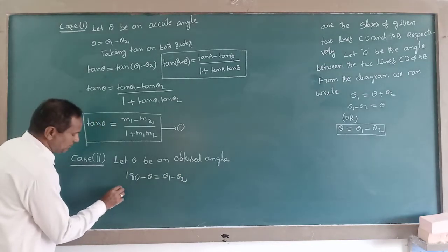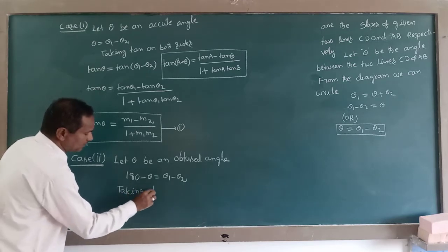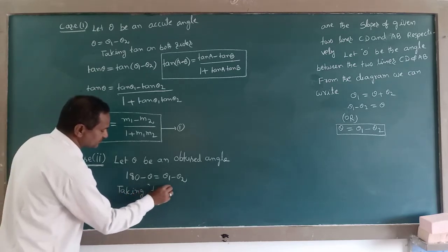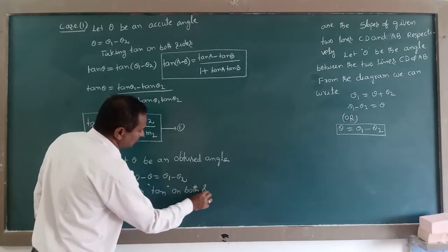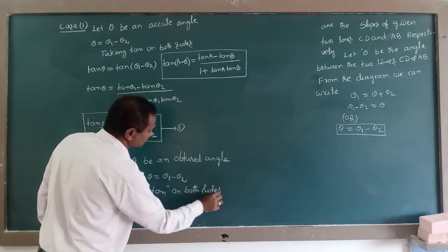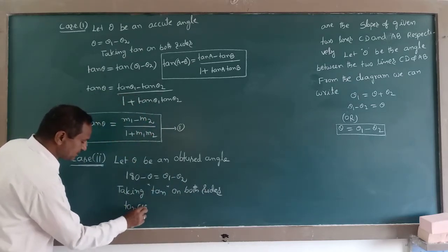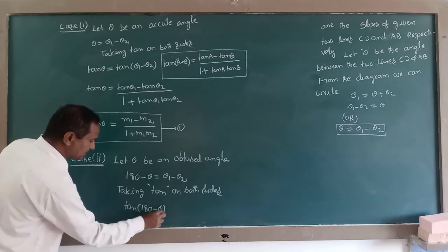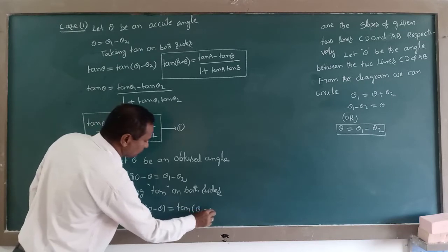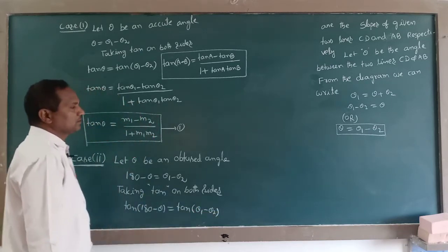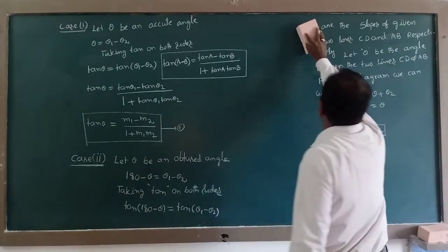Now taking tan on both sides. That is, tan of 180 minus theta is equal to tan of theta 1 minus theta 2 here. Next, here also we have to apply the allied angle formula.